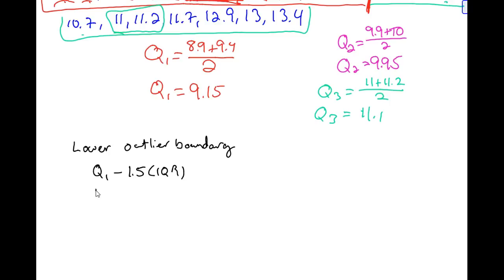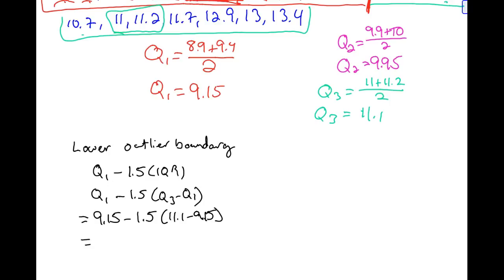Now remember that my IQR is the same thing as Q3 minus Q1. So I'm going to take 9.15 minus 1.5 times 11.1 minus 9.15, I'm sorry. So I need to do this subtraction first and then multiply it by the 1.5.